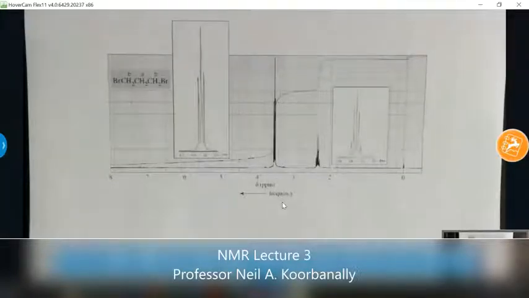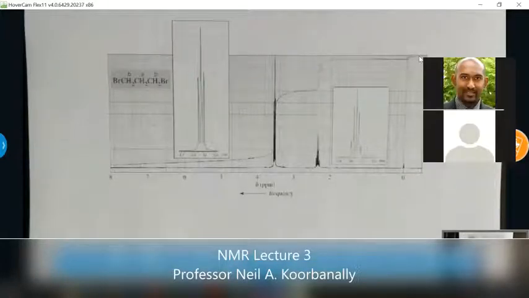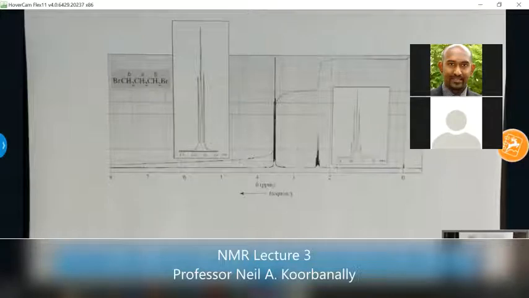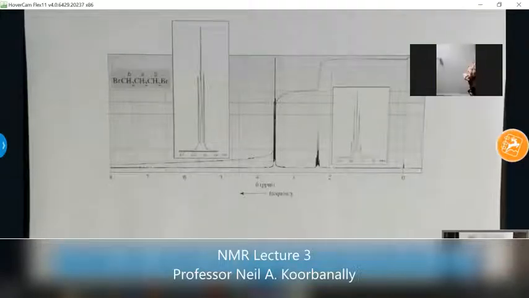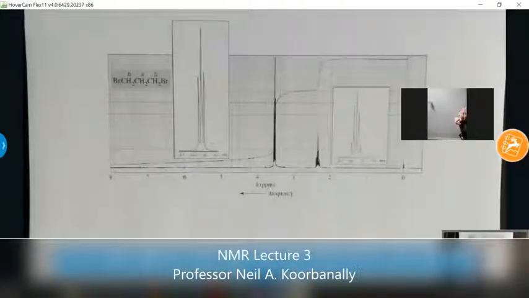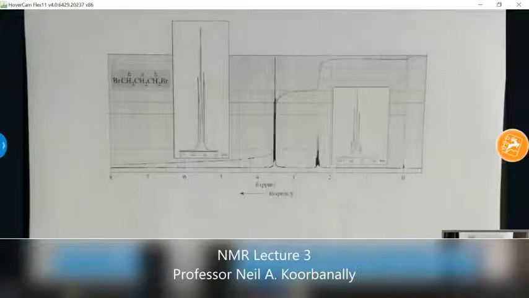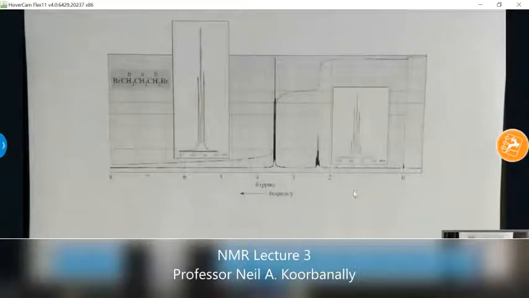The definition of this integral is that it gives us the relative ratio of protons in the molecule. And I'm going to show you how to calculate that in a second.